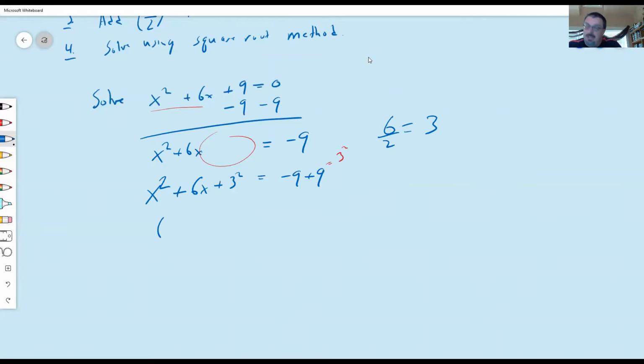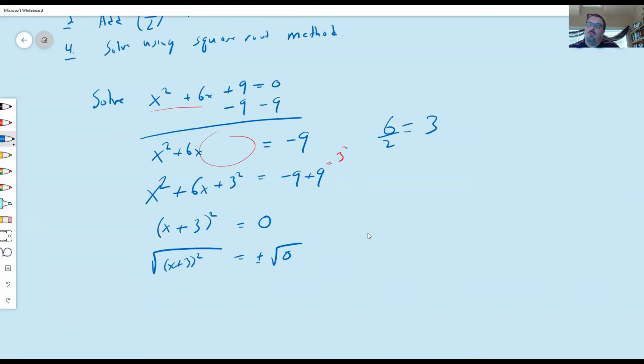The left side factors immediately. I have x, middle term gives me plus, but that's 3 squared. Equals minus 9 plus 9 is 0. So solving, square root both sides. And even though I know the square root of 0 is going to be 0, I need to put square root on both sides so I follow the process.